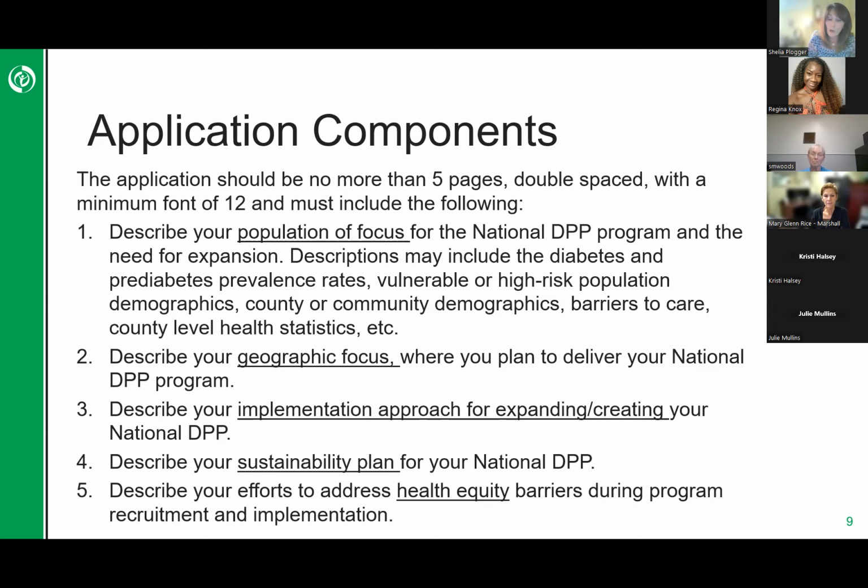Descriptions may include target populations with a higher prevalence of prediabetes, underserved or high-risk populations based on gender, age, race, income, Medicaid eligibility, cultural community, and geography, meaning like rural locations or locations with limited access to programs.